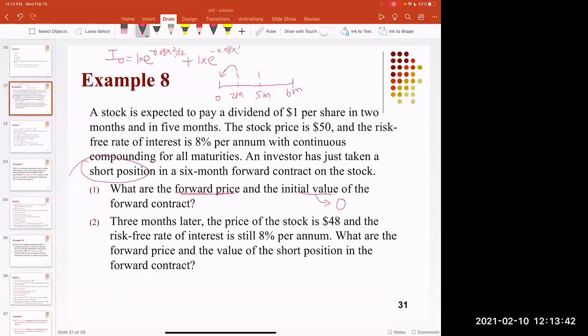That's 5 months, so do 5 over 12. So first, tell me what's I0? What's the present value of investment income?